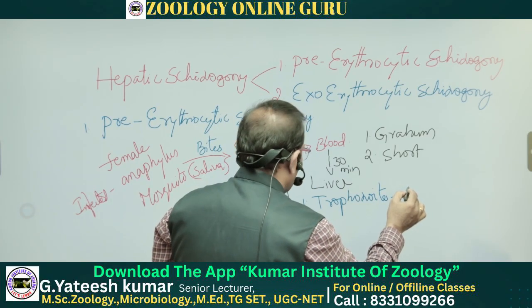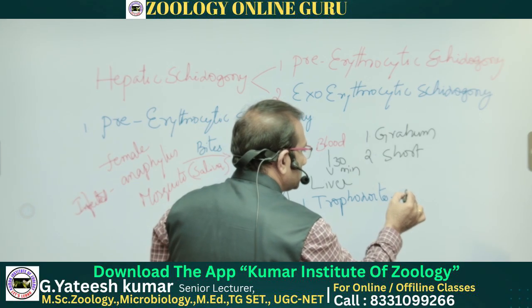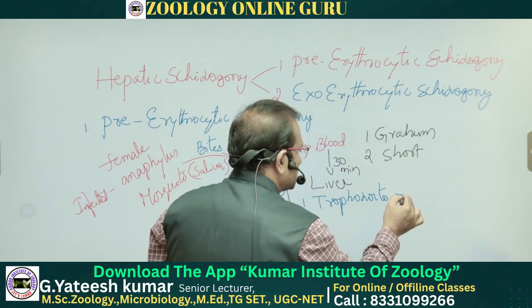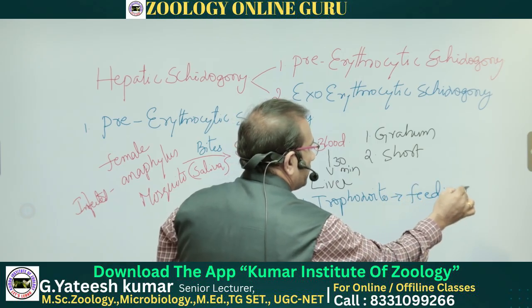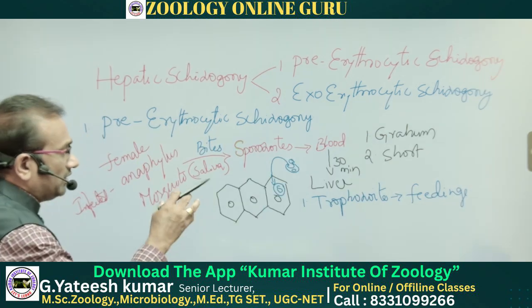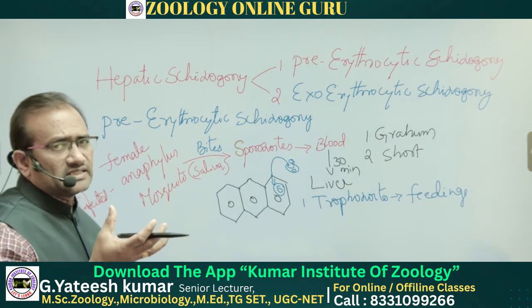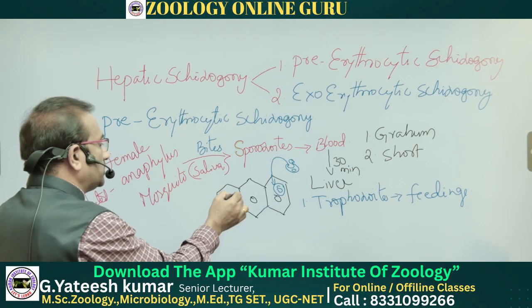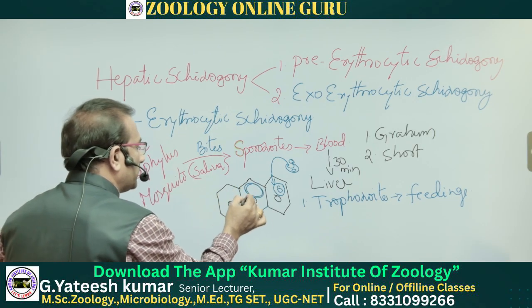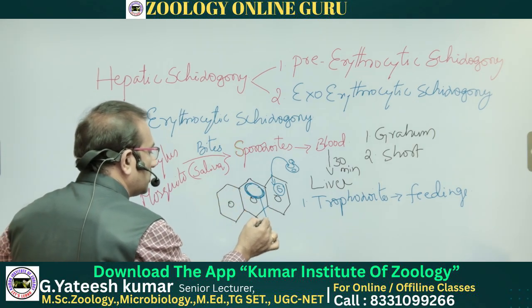It eats the content present in the liver cells. So the trophozoite stage is the feeding stage. In the feeding stage, it increases its size and becomes round in shape. That round shape is known as the schizont.